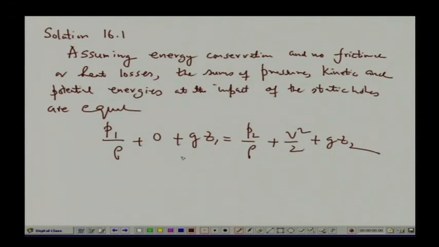Now we assume Z1 equal to Z2, hence we can write that velocity V will be equal to the square root of 2 (P1 minus P2) by rho, right.